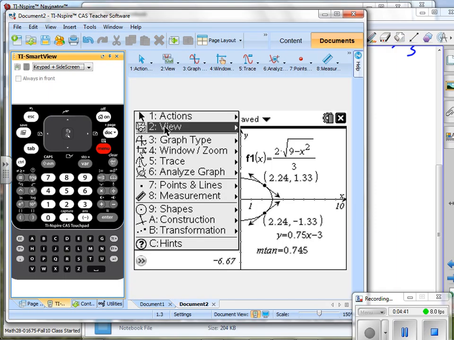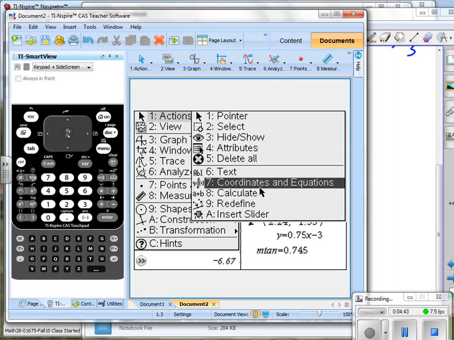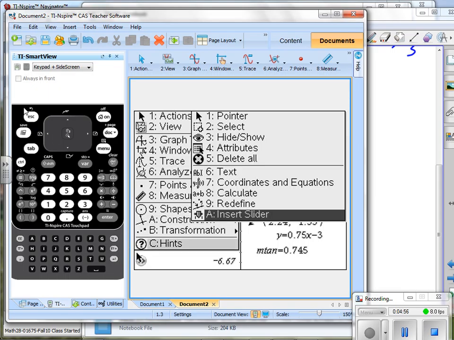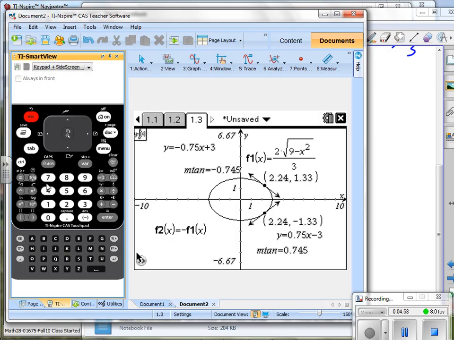Menu, Actions, and Coordinates and Equations. Oh, wait a minute. What page are you on? Graphing page? Yeah, you have to be on the graphing page. That would not work the same thing. Yes, Aaron. Oh, sorry. Oh, okay.